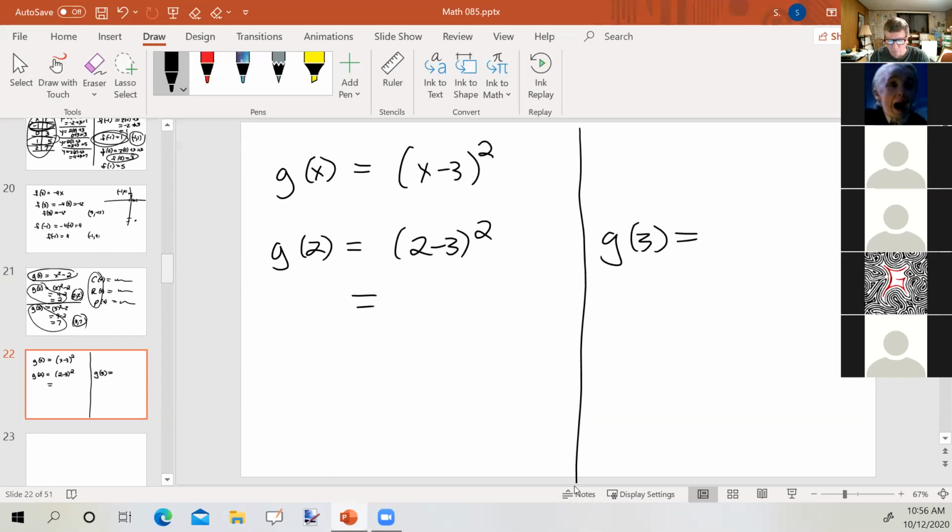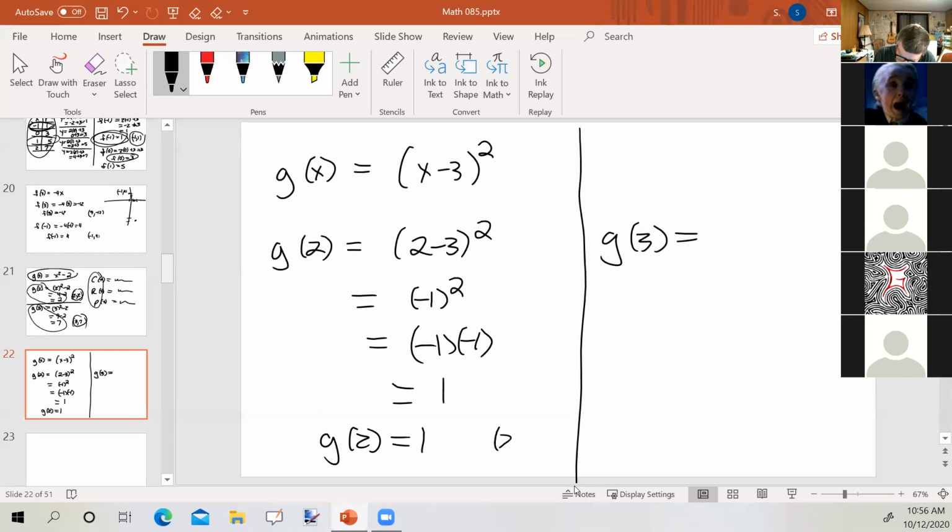Then, following order of operations, inside the parentheses first, 2 minus 3 is -1. Applying the exponent, -1 squared is -1 times -1, which is 1. So g of 2 equals 1, which again corresponds to the ordered pair 2, 1.